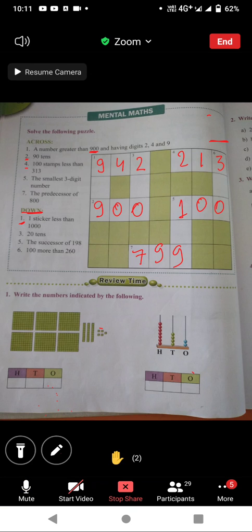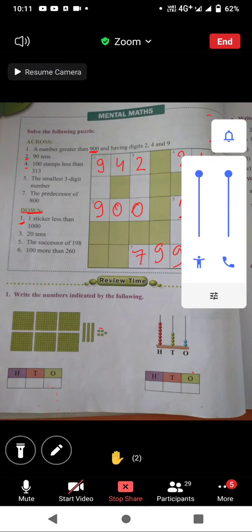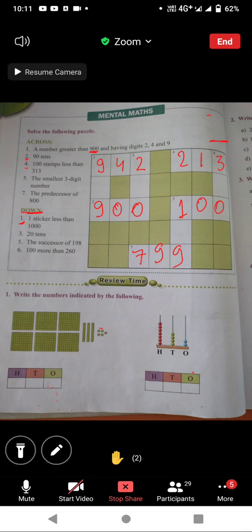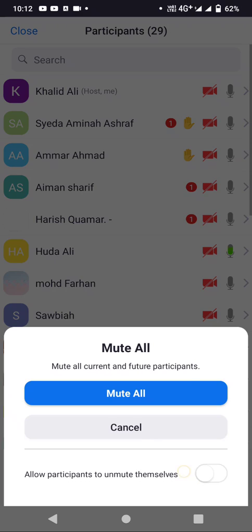Now down one. Now we have to write answers from top to bottom. So first, one less than 1000. Here, student, we have to find one less. For one less we subtract 1 from the ones place only. So tell me, 1 less than 1000. Yes, first one, what is the answer? 999.